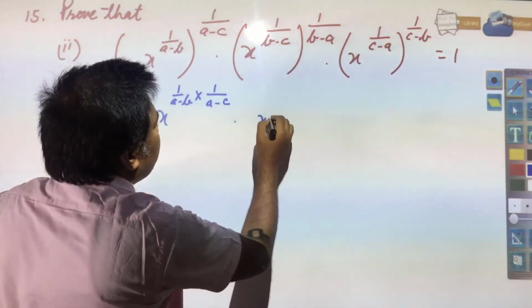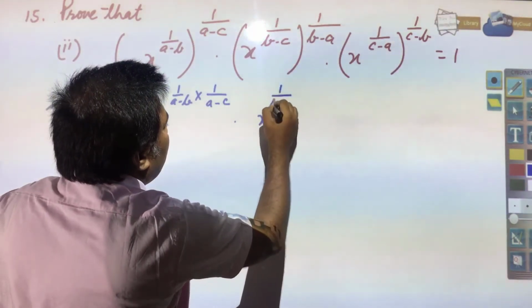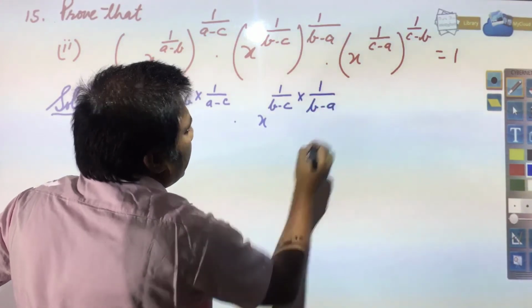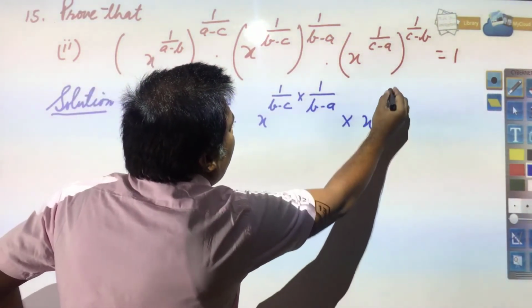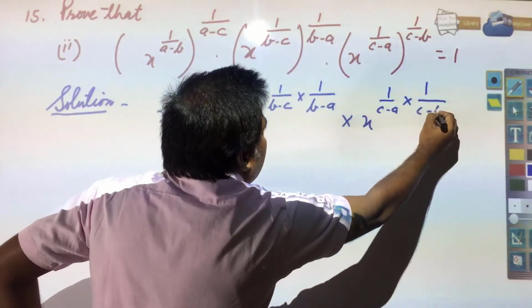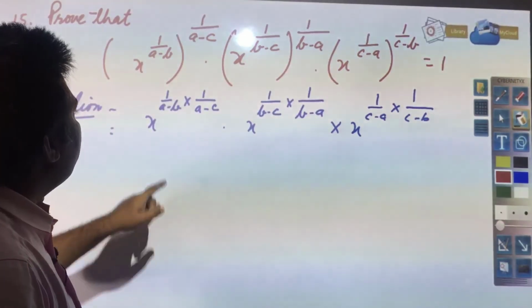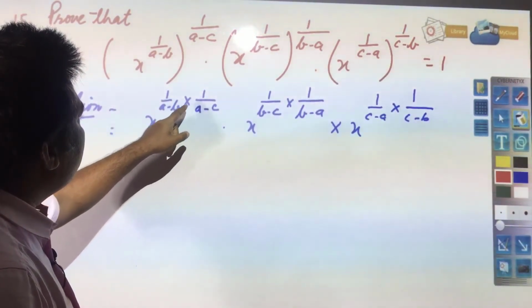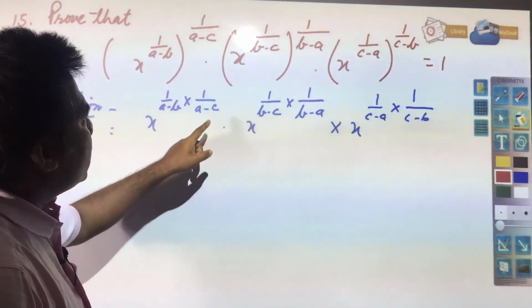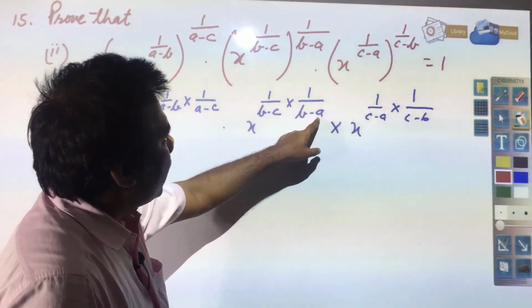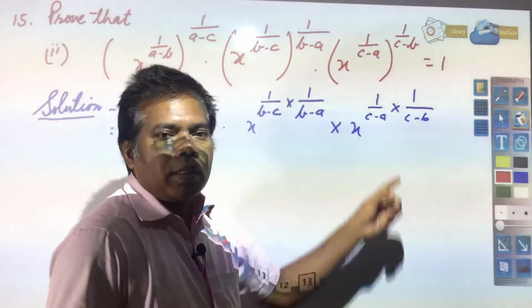Here x to the power 1 by b minus c into 1 by b minus a we will write. x to the power 1 by c minus a into 1 by c minus b. Here you have x to the power 1 by a minus b into 1 by a minus c, and here you have b minus c, b minus a, c minus a and c minus b.